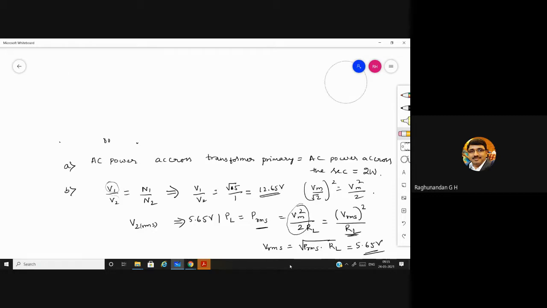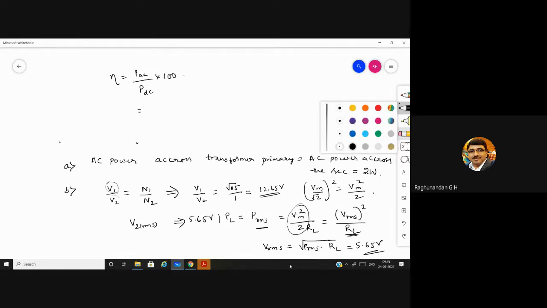So next part is the efficiency of the circuit if ICQ is equal to 150 milliamps. We have the formula for efficiency: PAC by PDC into 100. So PAC we already know it is 2. For PDC, instead of giving the PDC value, they have given the ICQ value, and we are also given the power supply of 36 volt. So we can write PDC in terms of VCC into ICQ.